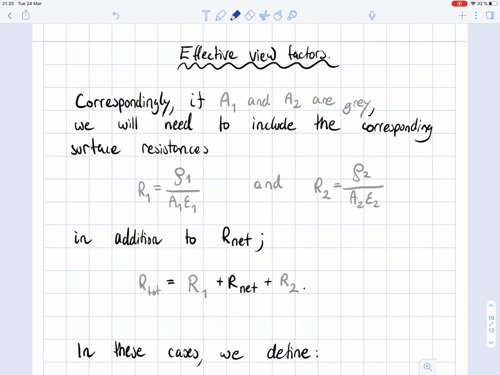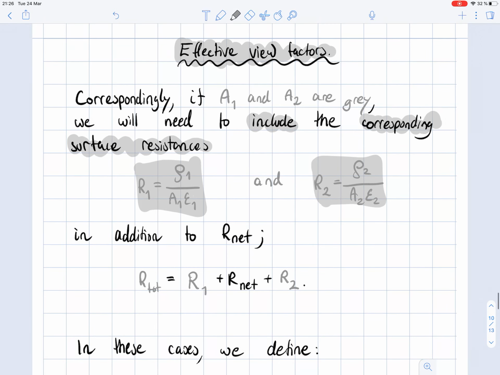If the surfaces are gray, then we need to include the corresponding surface resistances. As just shown, we have an R1, which is due to the non-ideality of the first surface, and we have an R2, which is due to the non-ideality of the second surface. We have to consider these in addition to the net resistance, which is purely geometrical.